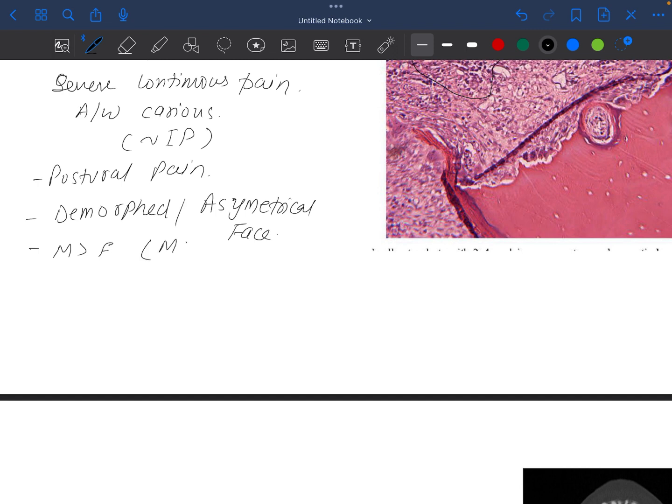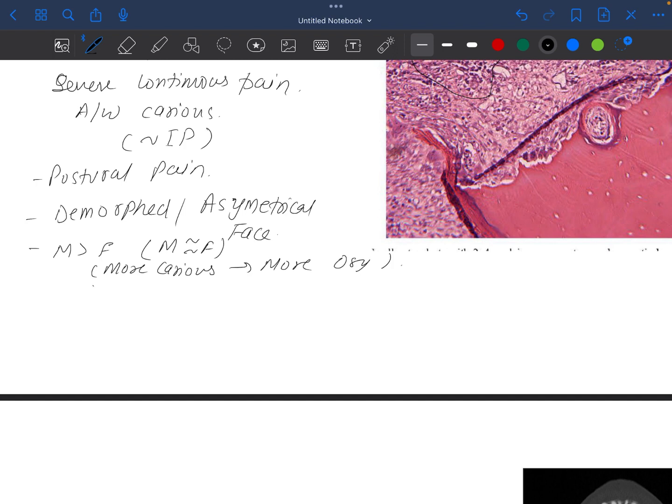Usually nowadays it's more of male equal to female because of poor hygiene, and nowadays females also have the habit of smoking and drinking, and that basically leads to more caries, then more chances of osteomyelitis.